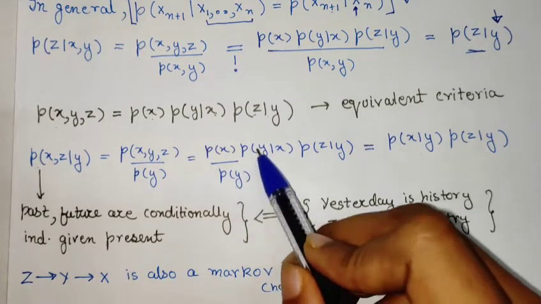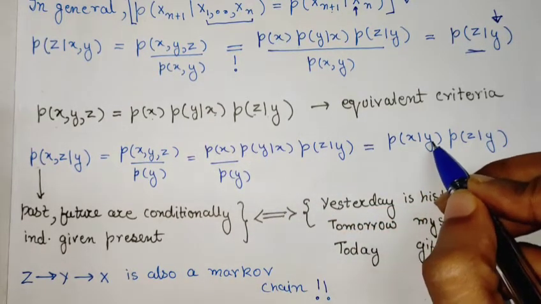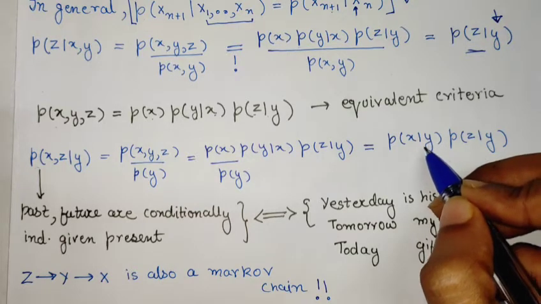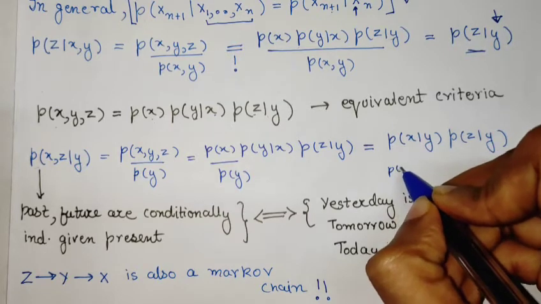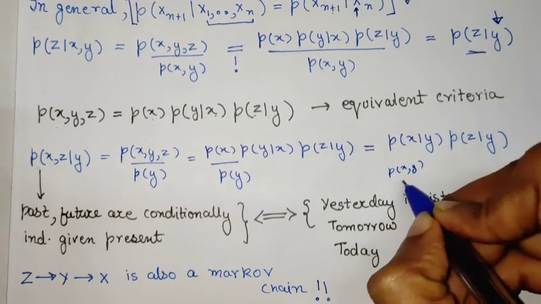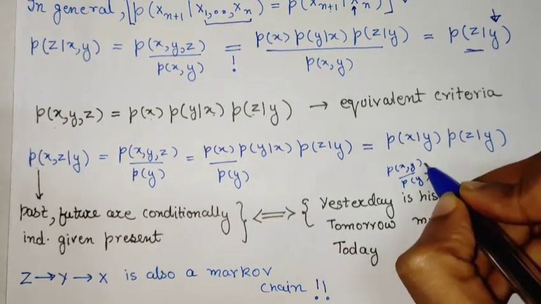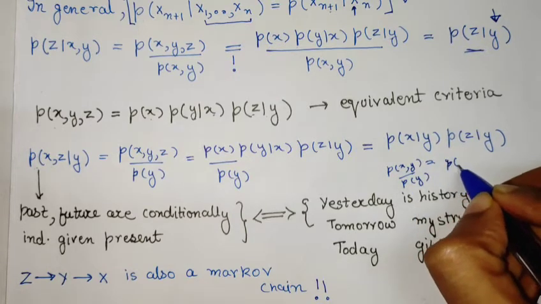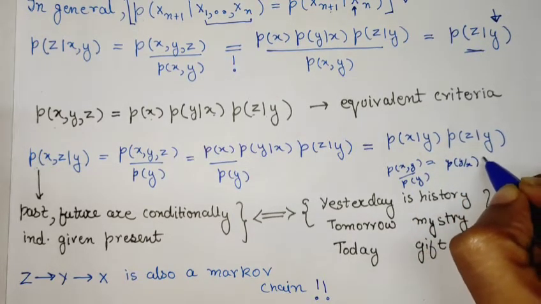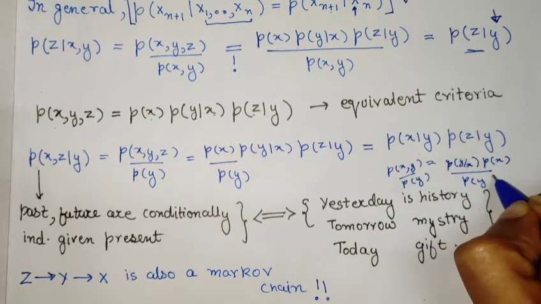So this entire thing is nothing but probability of x given y, because probability of x given y is probability of getting x and y divided by probability of y, and probability of getting x and y is simply equal to probability of y given x times probability of x divided by probability of y.